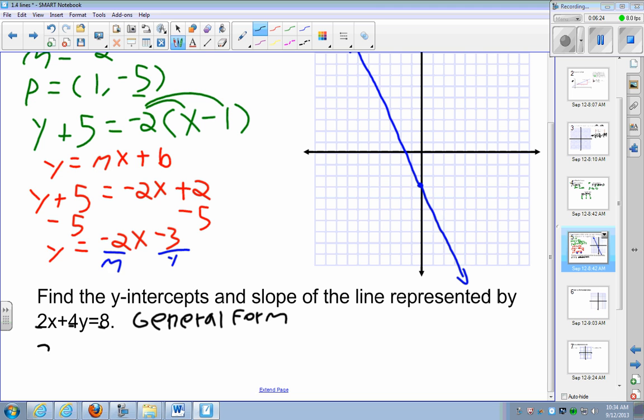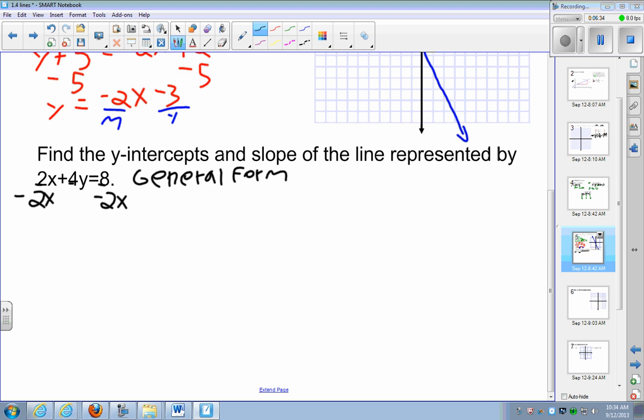To get into slope-intercept form, we subtract the 2x, because we want to get y by itself. So we'll have 4y is equal to 2x plus 8.